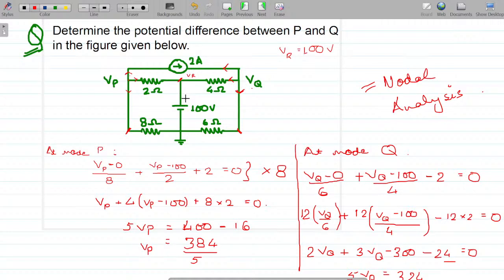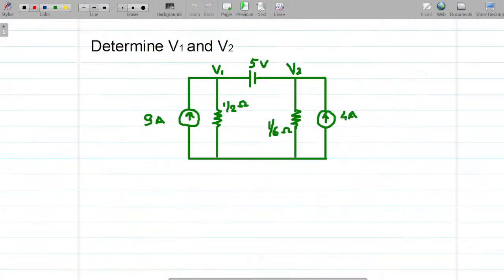So the next question would be the last question for the day, and this is where we will understand a very important concept. So be very attentive. See, there is a concept called supernode.